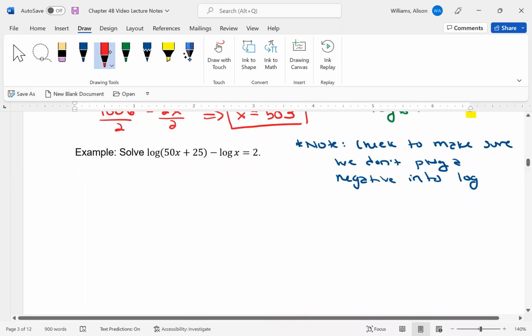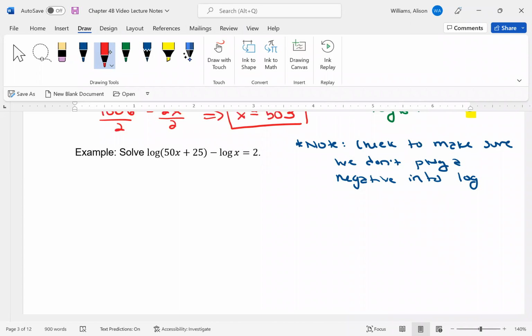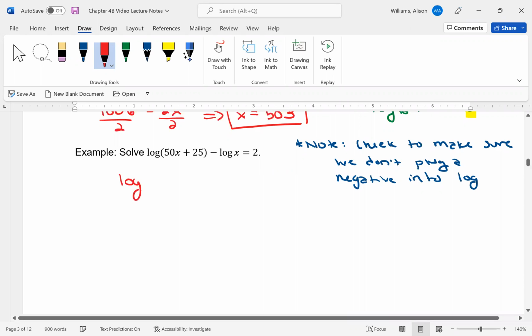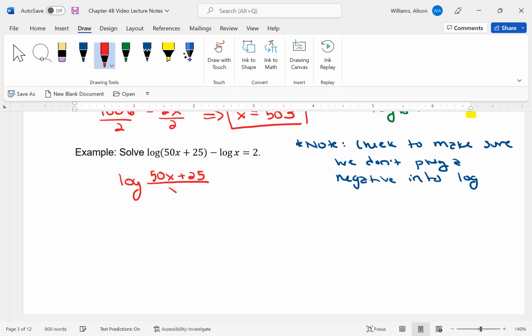Okay, so this next example, we actually have 2 logarithms, which we can combine together into one logarithm using the difference property. So this can be rewritten as a division. So this is log of 50x plus 25 divided by x, and that's all equal to 2.